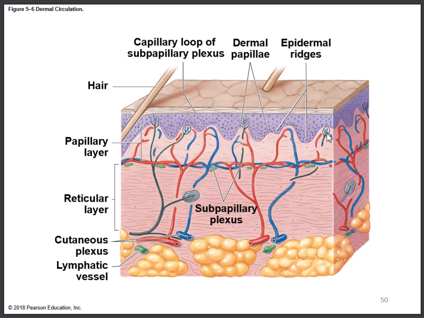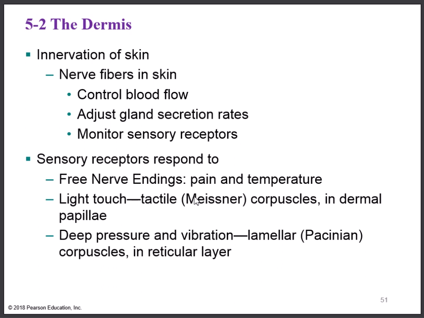Here's another tactile corpuscle. But down deep here in the reticular layer, this big thing here kind of reminds me of an onion. It has layers of peel. So this here is called the Pacinian corpuscle or the lamellar corpuscle. This picks up deeper touch, right? So you would have to push harder on the skin here to get this to be stimulated. And it also picks up vibration. Okay, so we got those three.